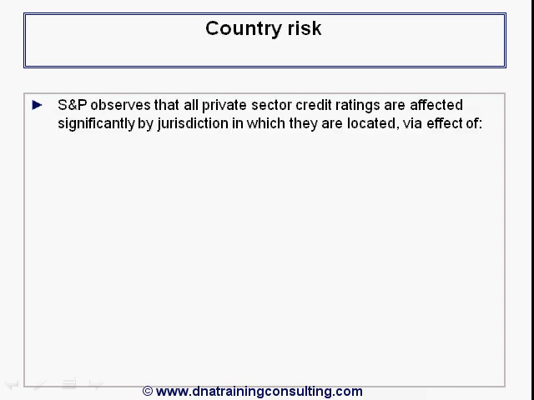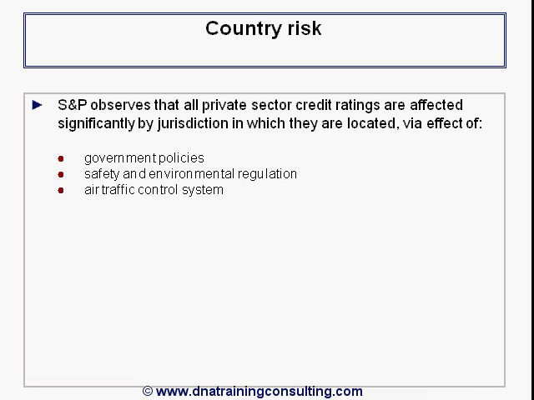Regarding country risk, S&P observes that all private sector credit ratings are affected significantly by the jurisdiction in which they are located, via the effect of government policies, safety and environmental regulation, the air traffic control system, airport infrastructure, and labor law.